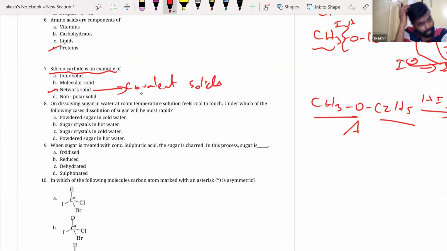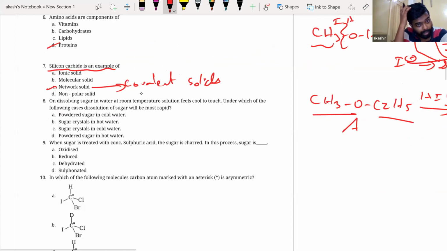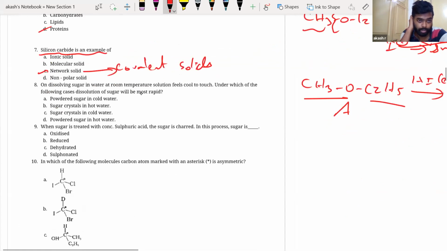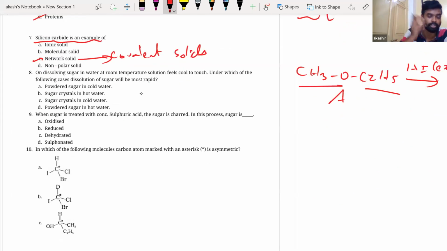Okay, fine. Next question. On dissolving sugar in water at room temperature, the solution feels cool to touch. Under which of the following cases will dissolution of sugar be most rapid? So you could have done this experiment: you take a tumbler of water, you add sugar to that, and you will feel that the sugar solution is cool to touch.